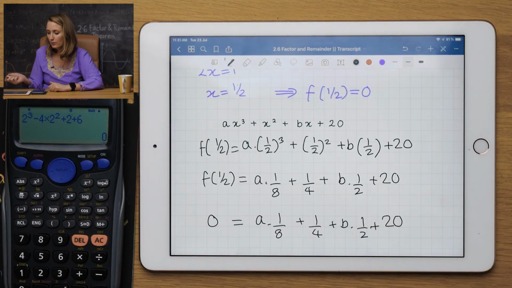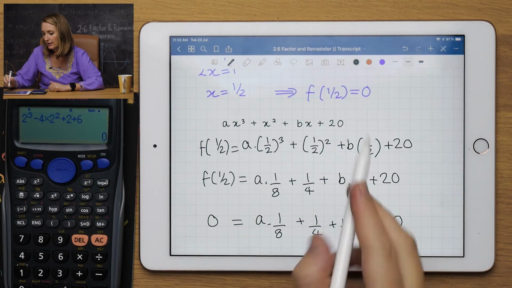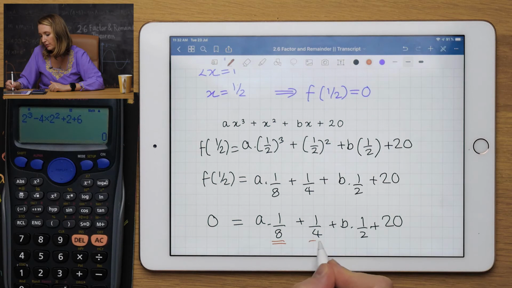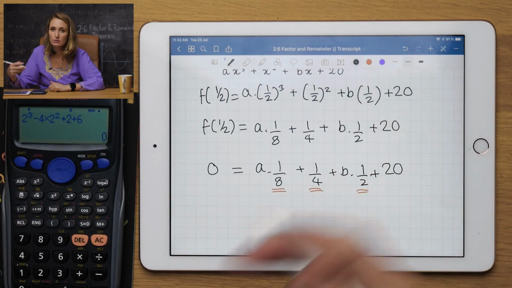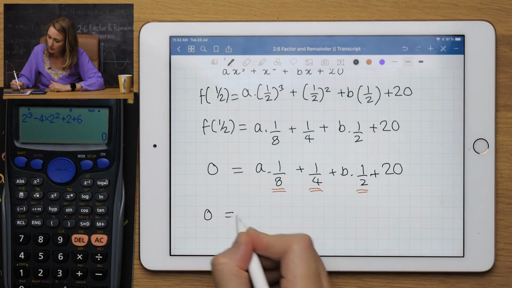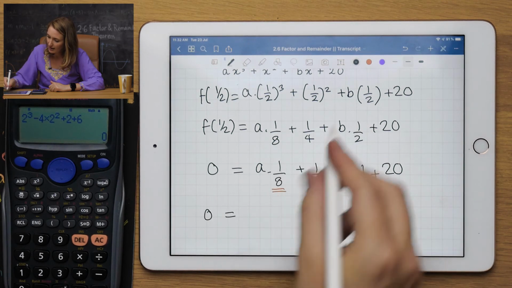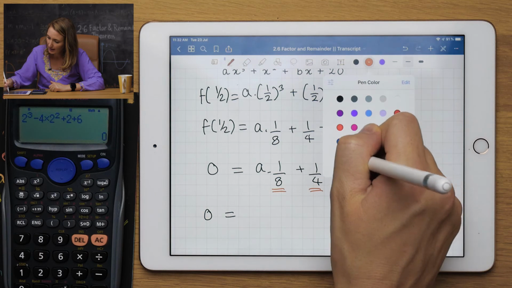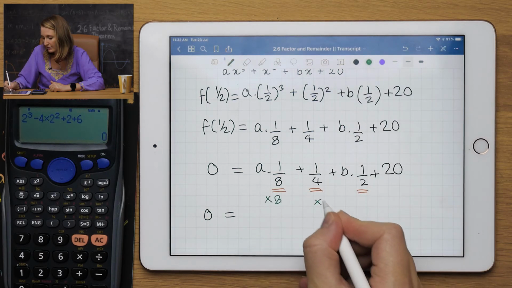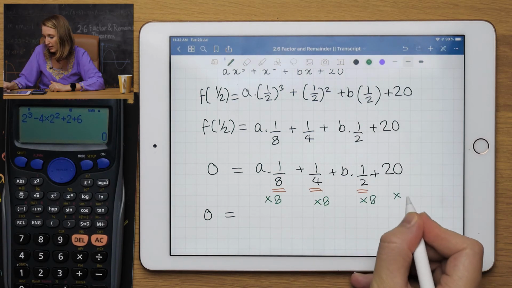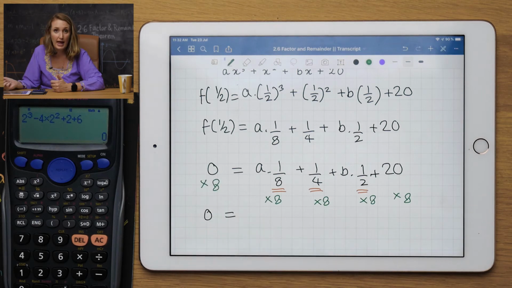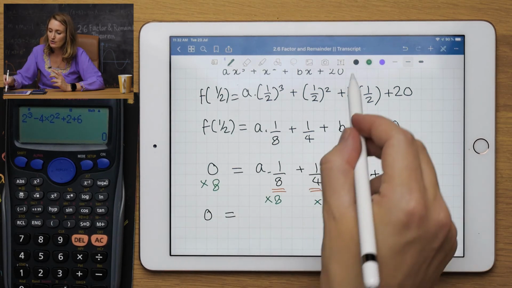I personally don't like working with loads of fractions, so I'm going to multiply everything by 8 because 8 is the lowest common multiple of 8, 4 and 2, so that I get some nice whole numbers to work with. So an 8th times 8, we can times each one by 8. Times by 8, times by 8, times by 8, and times by 8. This will also be times by 8, but 0 times by 8 is just 0.